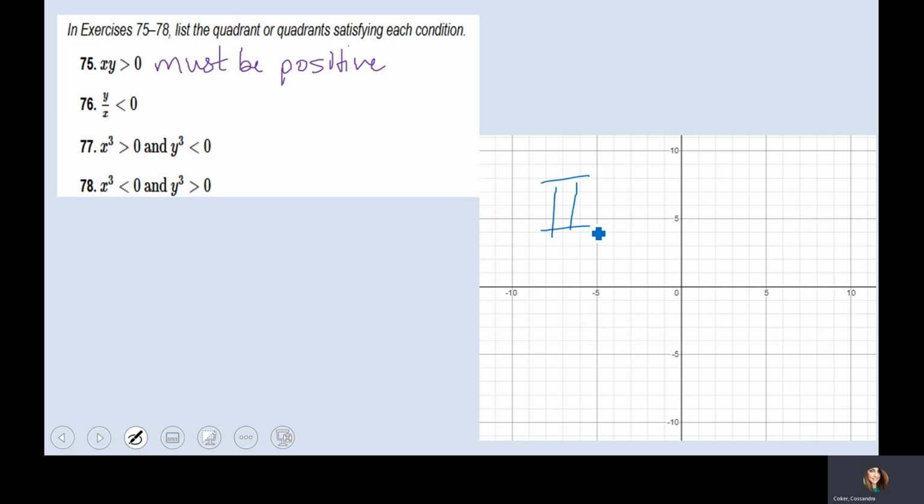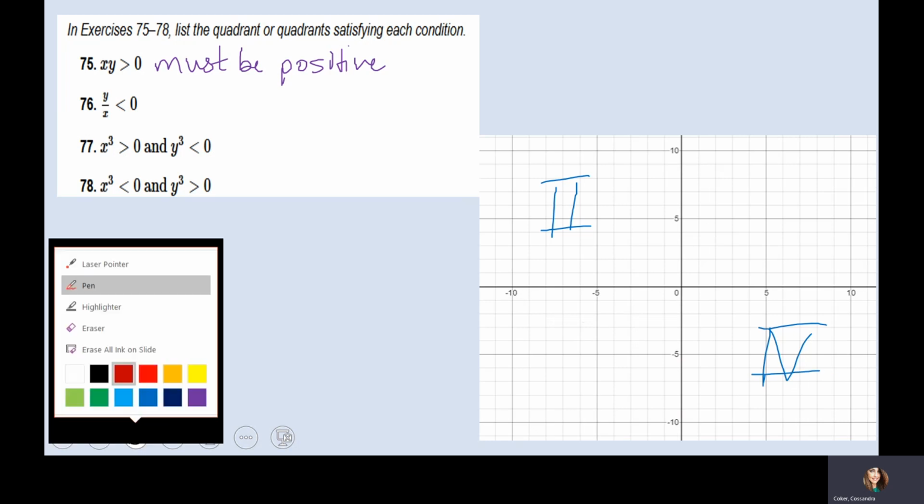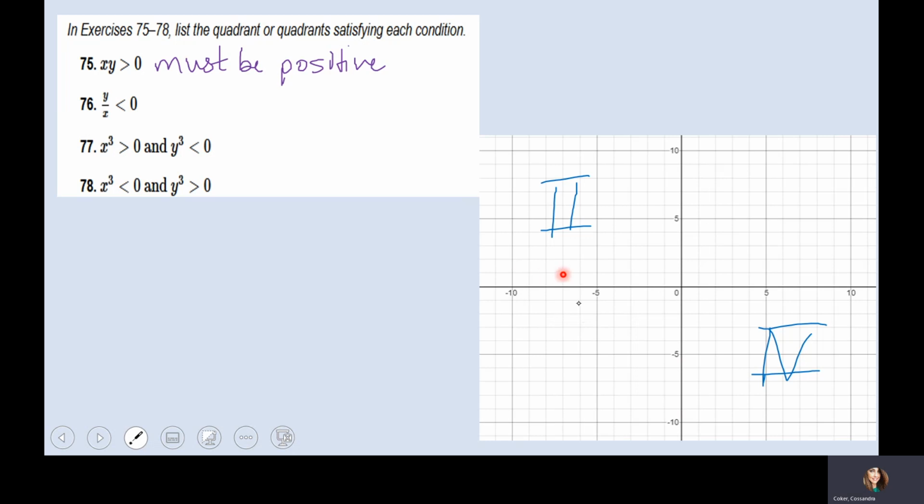So for number 76, I can either be in quadrant 2 or quadrant 4. Those are the only 2 cases where I would have a positive x and a negative y. And if I divide a positive by a negative, I'm going to get a negative.